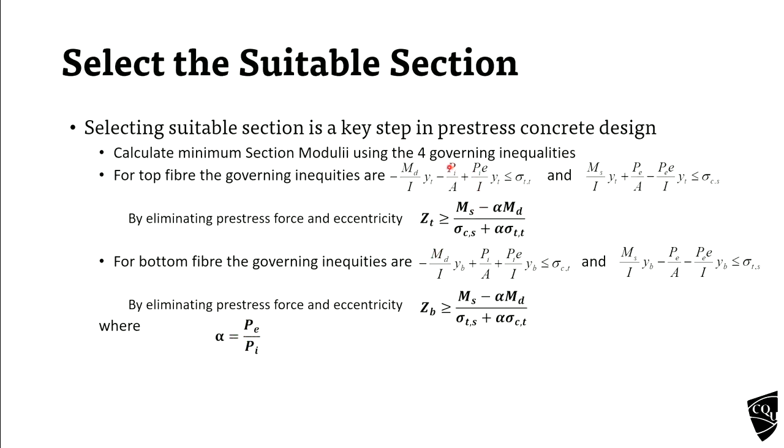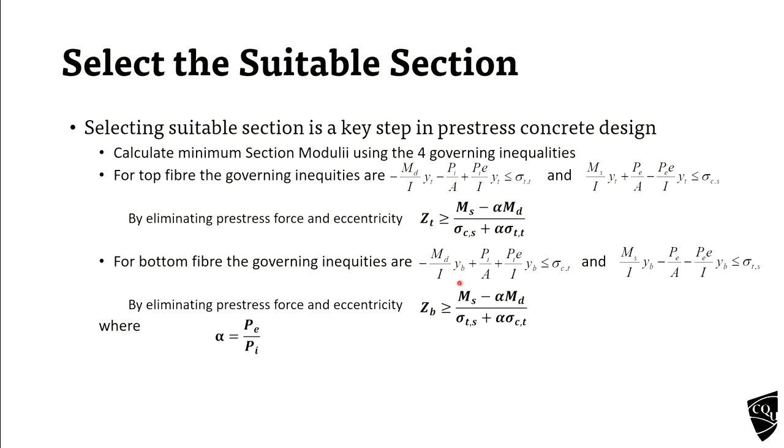So if you multiply this inequality by alpha, then add this inequality with this one. The last two terms will disappear because this will be cancelled out by this. So you will get something like this.